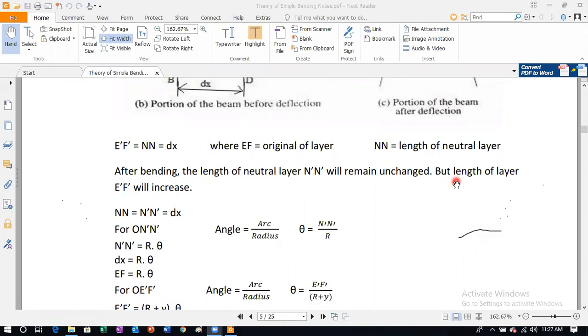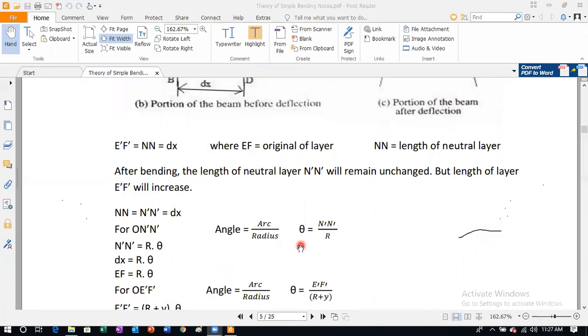Why? Because we have discussed that a plane section will remain plane before bending and after bending. But the length of layer E dash F dash will increase because it is below the neutral axis.